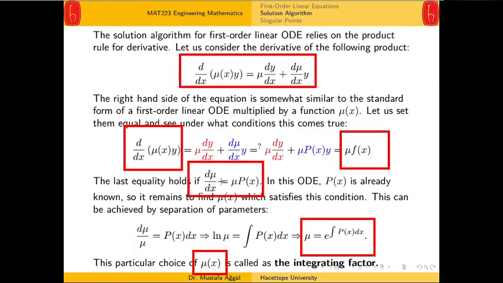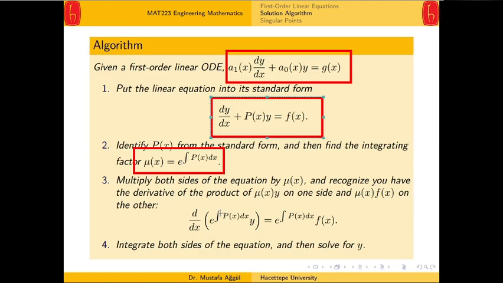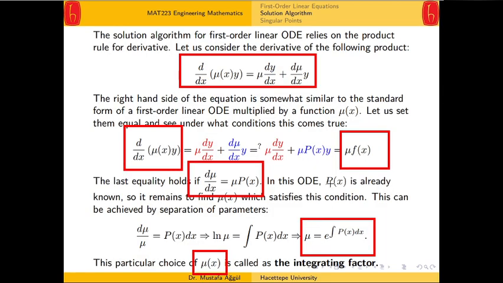This is from the last observation, so this has to be equal to that. If you take the derivative of this, we have to end up with mu times f of x, which is here, mu times f of x.